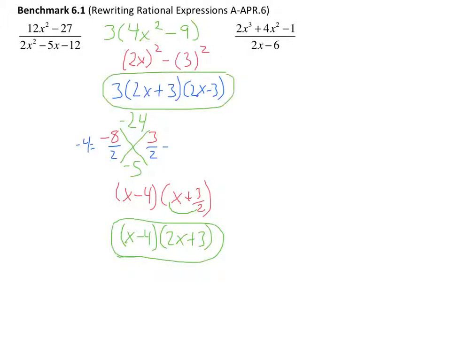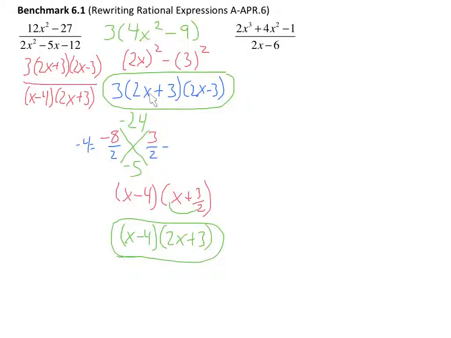It's not my answer, that's just the top and bottom of what we are dealing with. So my next step is to put them top and bottom, basically. So we're going to rewrite this, alright, and we have the 3, 2x plus 3, and 2x minus 3 on top, and on bottom is the x minus 4 and the 2x plus 3.